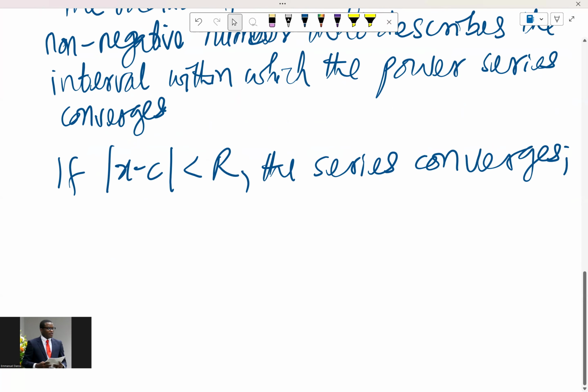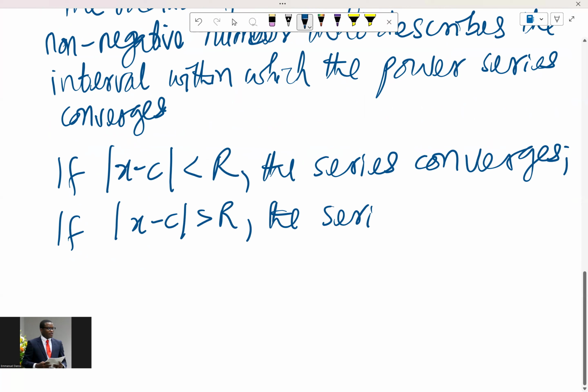Then if the absolute value of x minus c is greater than R, you can say the series diverges.